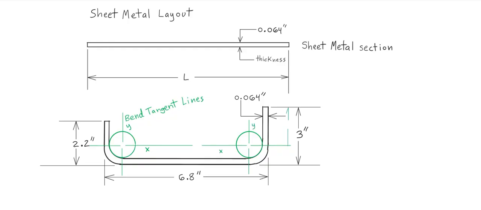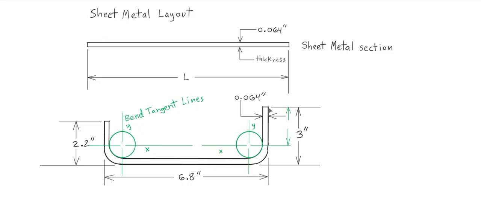So you'll notice that you're able to separate where the straightaway, the flat, ends, and then the bend allowance, the curved circumferential distance here, begins, and then it goes back to another flat.